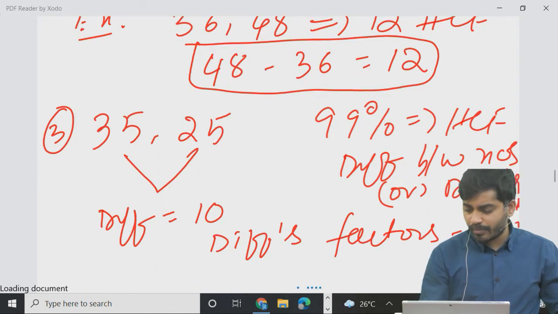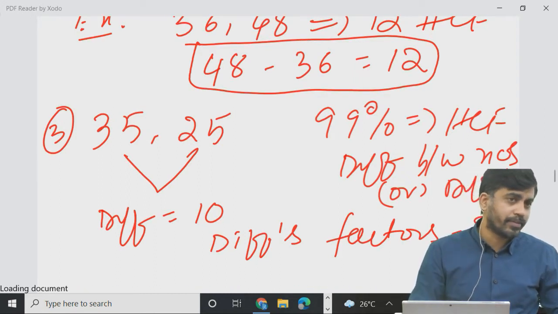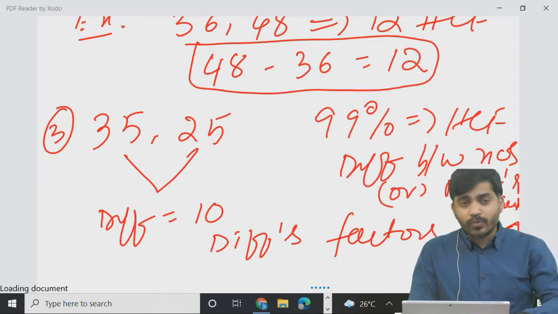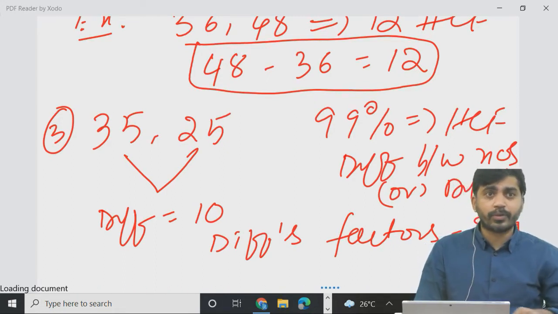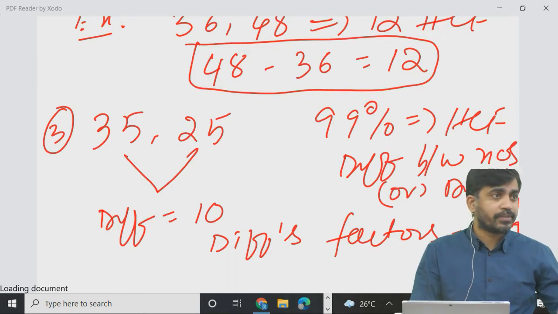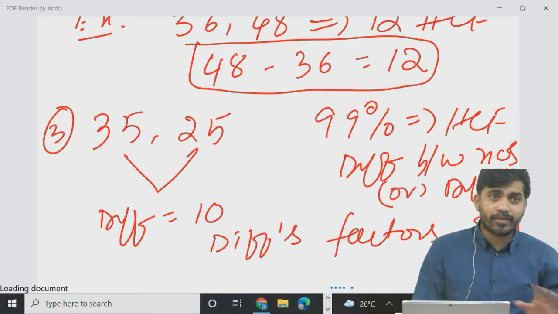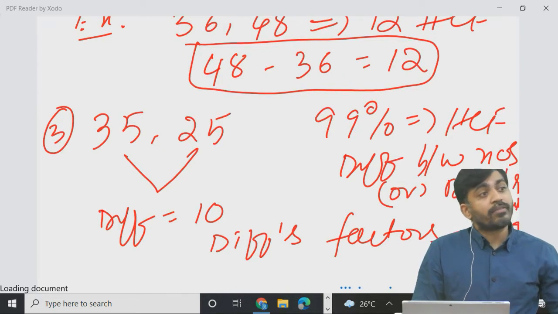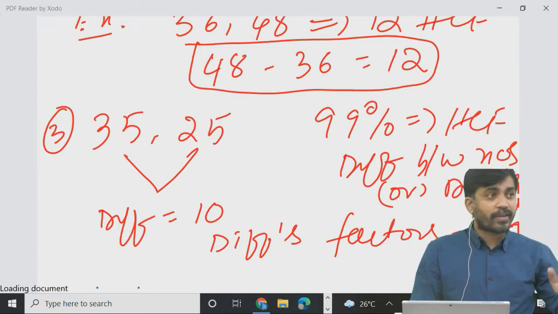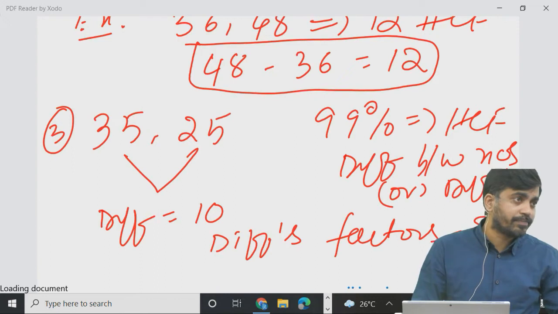In this example the answer is 5. 5 divides 25 and 35, so 5 is the HCF of these two numbers. Sometimes the difference is not the answer.